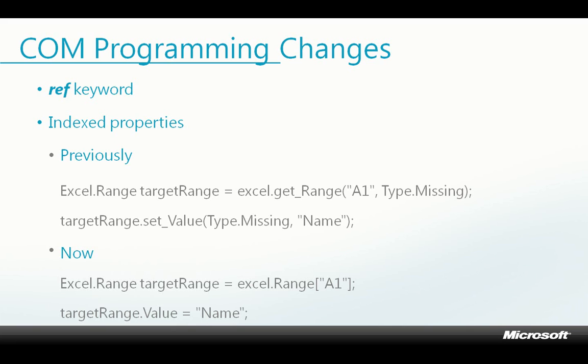So the first example shows getting and setting a range with a method, and the second shows doing it with a property. Notice again that the new version is simpler and cleaner, and the second example also shows that you can leave out that optional property. And those features already existed in Visual Basic, but now C# has them too.